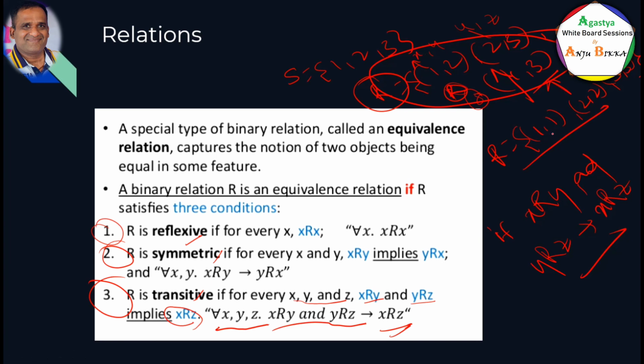It is reflexive, it is symmetric, and it is also transitive. This is also, in this case, transitive, so this is also an equivalence relation.